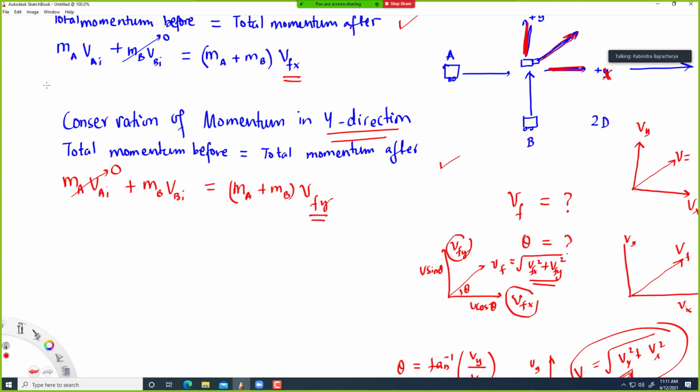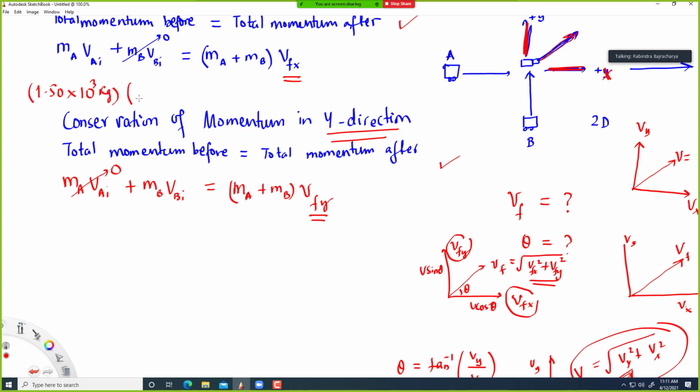Mass of A. What is the mass of A? 1.5 times 10 to 3 kilogram.